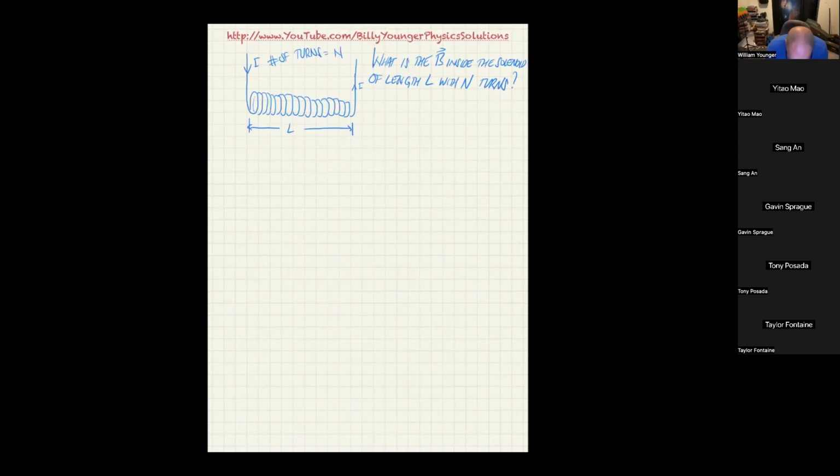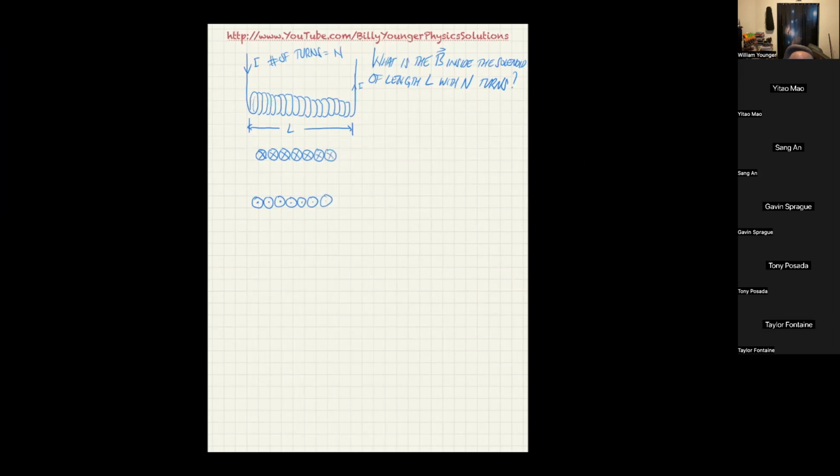So what you should realize is that some small part of it is ended by a current coming out of the screen, and then up above it is a matching current, but this time it's going into the screen, and then this one's out of the screen, in the screen, out of the screen, in the screen, like that.